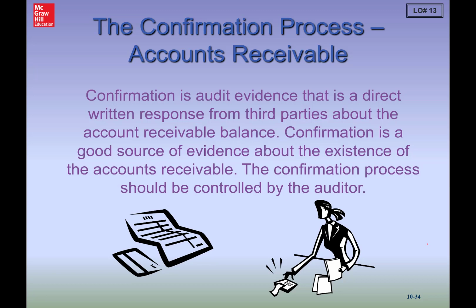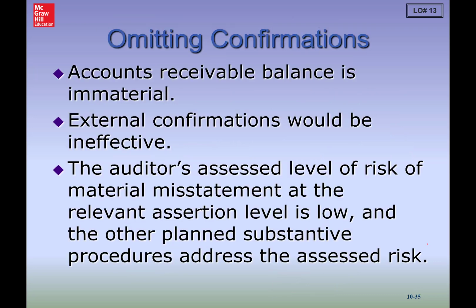Probably the client's letterhead asking for that confirmation. They don't know you. They're going to think, who's this Michael CPA? But if it's on the client's letterhead, then might be more likely to respond, but you send it back to you, right? You control it. You mail it, it comes back to you.